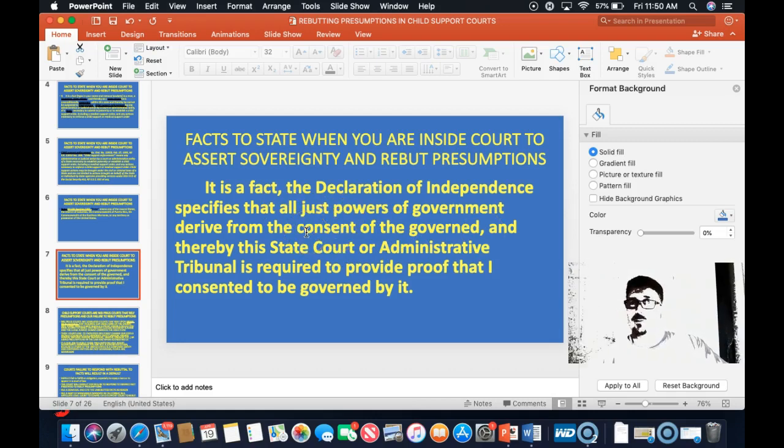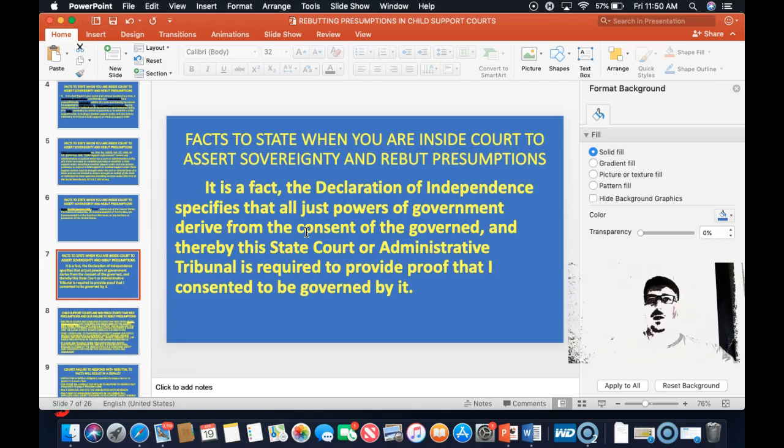Now this makes sense because under the Uniform Interstate Family Support Act, which is what they use to get you into court, and we're going to challenge personal jurisdiction, it says that you have to be a non-resident. Well, we're not non-residents. We're domiciled in the state court, so you're not a non-resident. You're not a United States citizen.